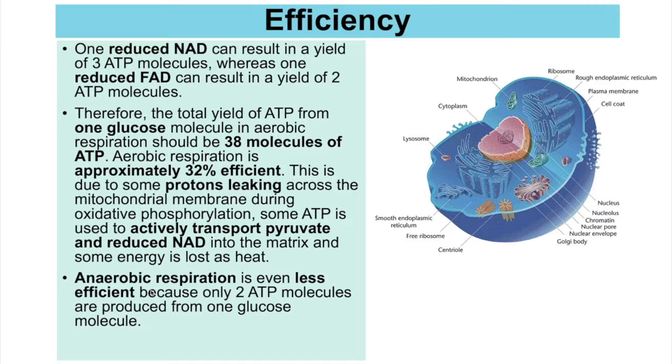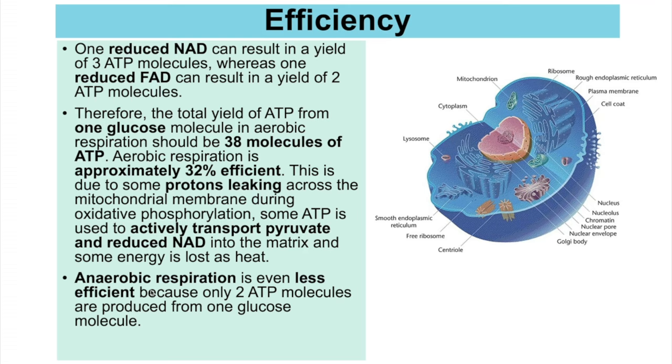So in terms of the efficiency of these reactions, one reduced NAD can result in a yield of 3 ATP molecules in that oxidative phosphorylation that we just saw, whereas one reduced FAD can result in a yield of 2 ATP molecules.